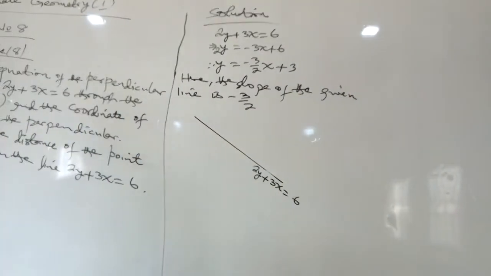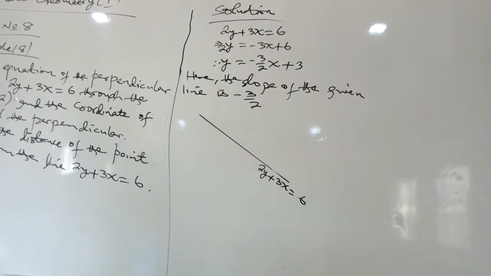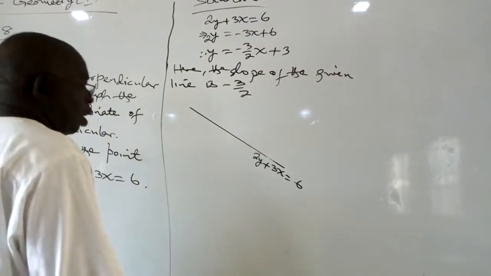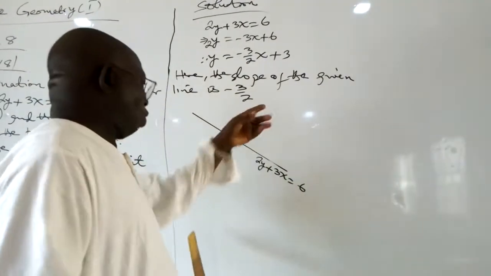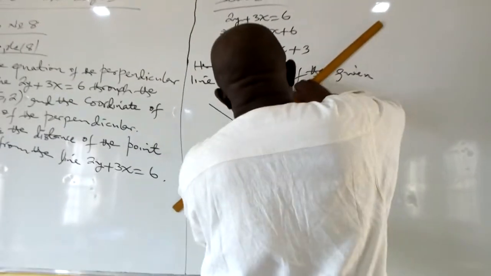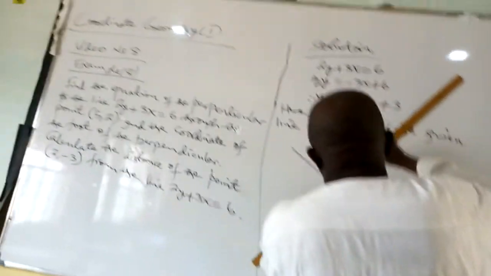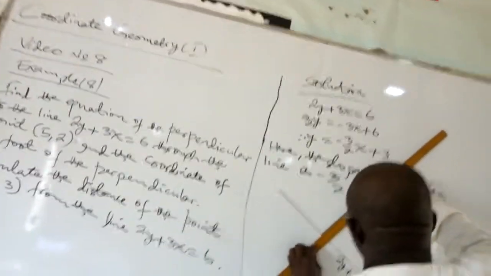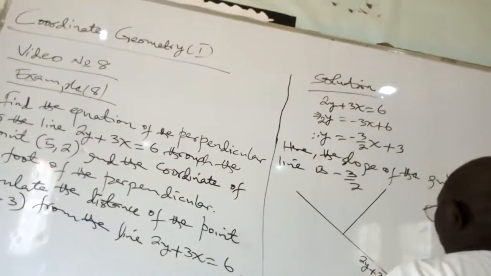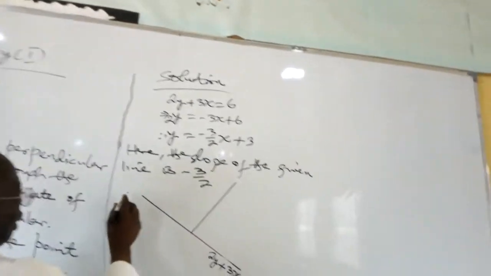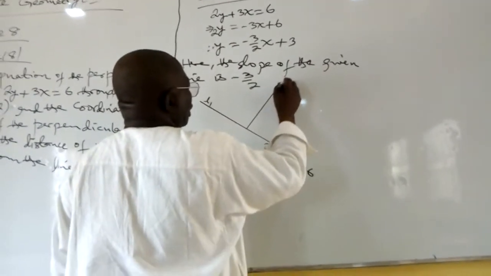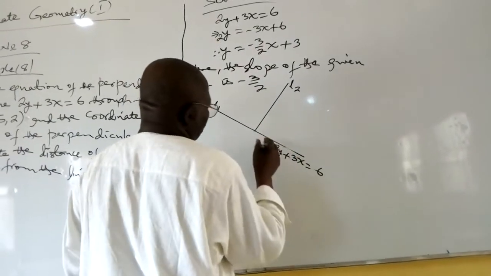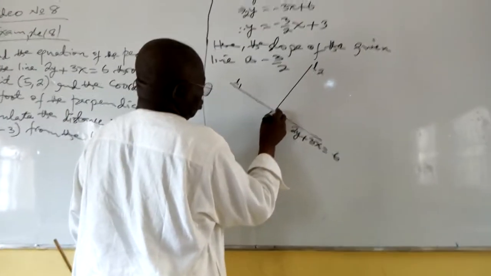Now the question says we should find the equation of the perpendicular to this line. A perpendicular to this line will be a line that makes an angle of 90 degrees with the line. So if this is line L1, then this can be line L2, the second line, which is perpendicular.